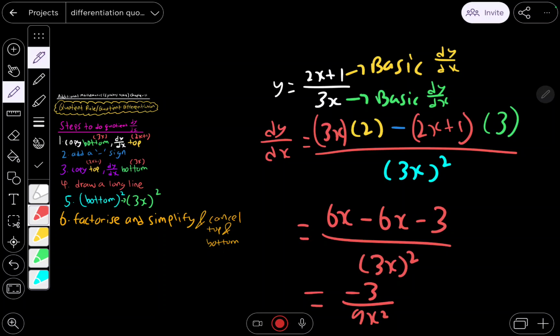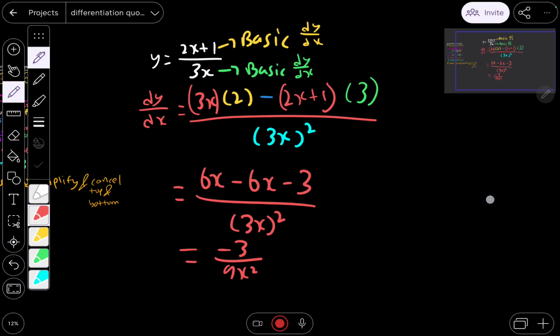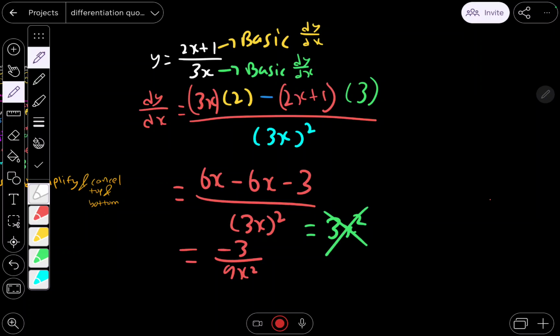If you tell me 3x squared is equal to 3x squared, this is wrong. The right one will be written in white. You notice the square is for the x and also for the 3, so it's 3 squared x squared. 3 squared is 9x squared. This should be the correct one.